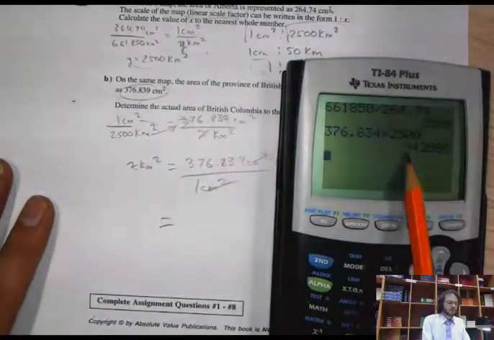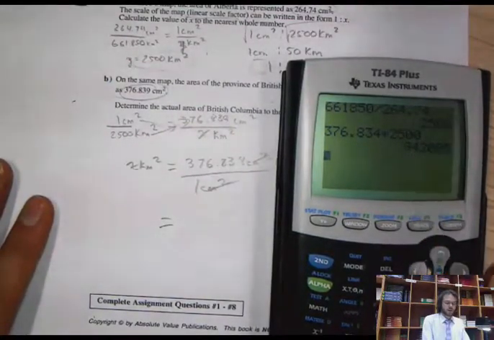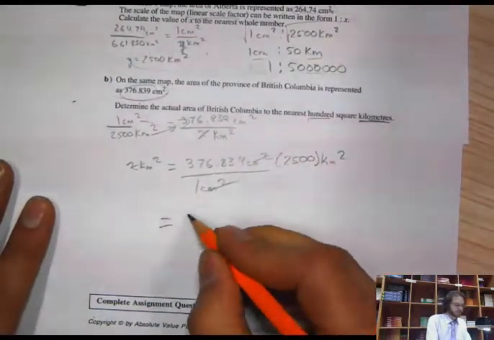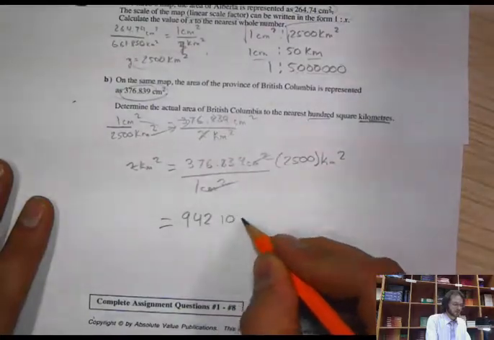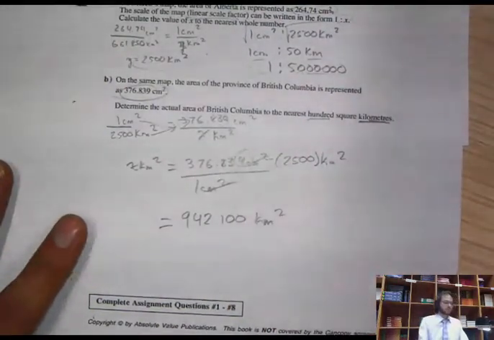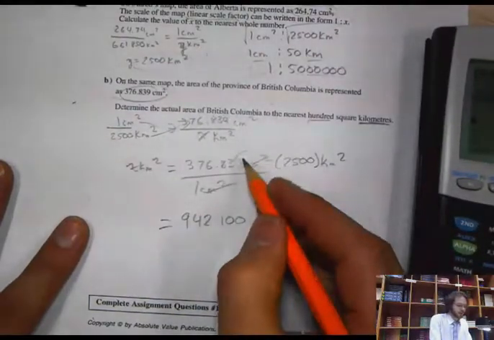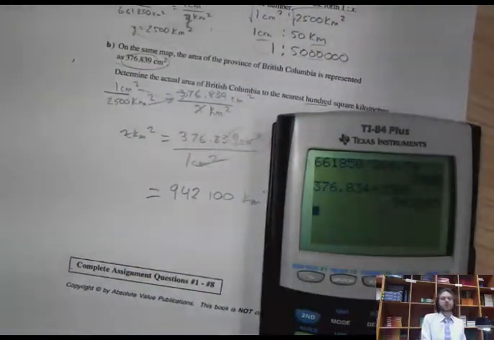But we're going to get 942,100 kilometers squared. I'm going to say 100, because this would just increase a little bit by that 0.9. That's actually supposed to be a 0.9. I thought it was a 4. I should really make my letters a bit better. So that's what we end up getting from our calculator.